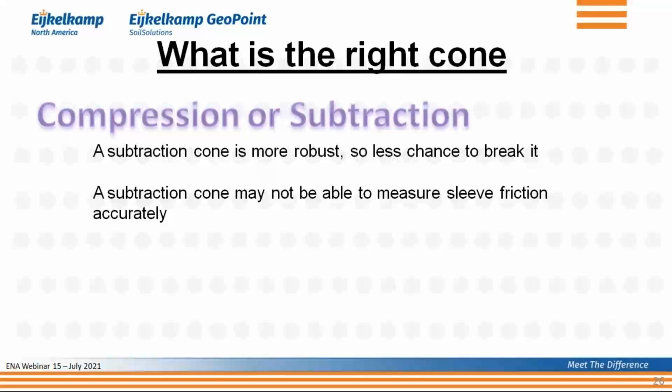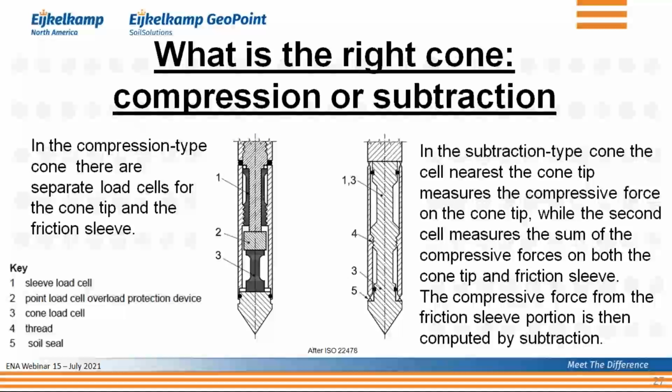Let's look at those two things again, one at a time. First, let's look more again at the internals of the cone. What you see here on the left-hand side is the cone for the compression type. And you see here the load cell for the cone tip. And then you see here this friction sleeve connected to another load cell. And those two load cells work completely independently.